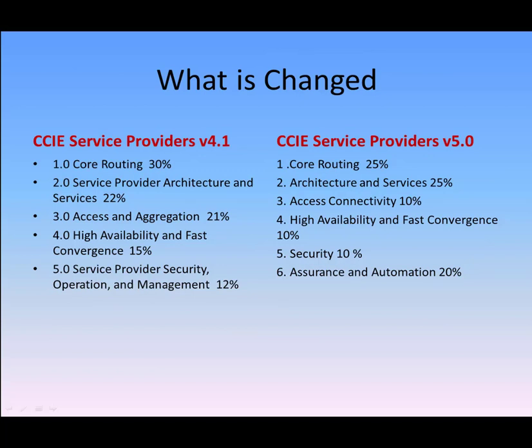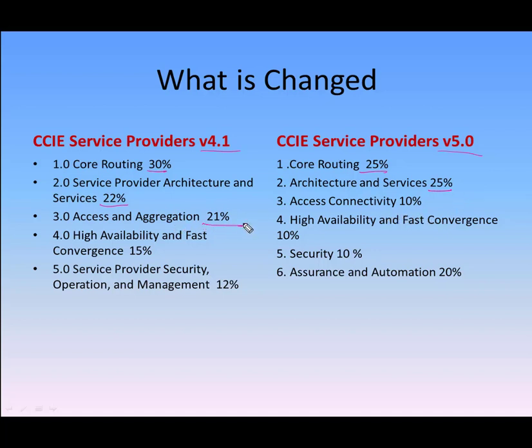Let's take a look at the difference between the blueprint in the two versions. Currently we are in CCIE Service Providers version 4.1, and the new one is going to be version 5. Core routing is 30% and it's going to be reduced to 25%. The service providers architecture was 22%, and that will be increased along with the services to 25%.